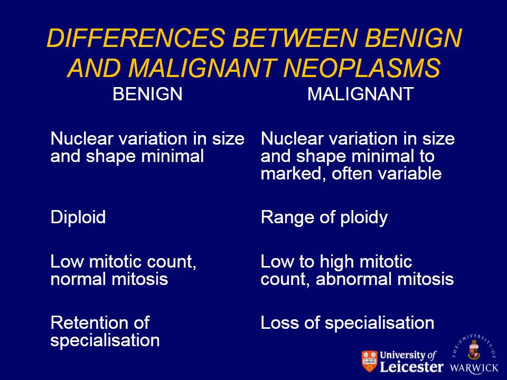So in case of benign tumors, you will usually find low mitotic count, and high mitotic count is there in the malignant neoplasm. In benign neoplasm, there is always a retention of the specialization, whereas in case of malignant one, there is loss of specialization. That is, the cells lose their functional abilities in case of malignant neoplasms when these are advanced tumors.